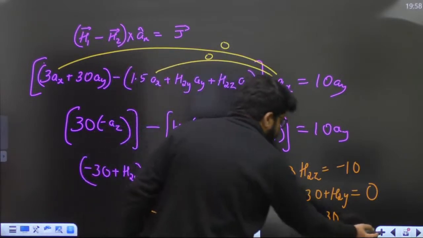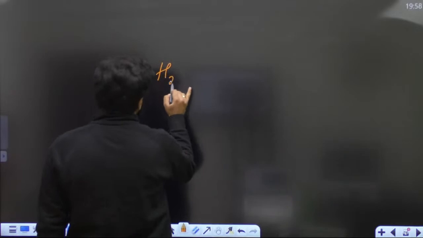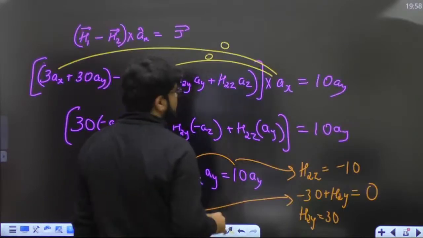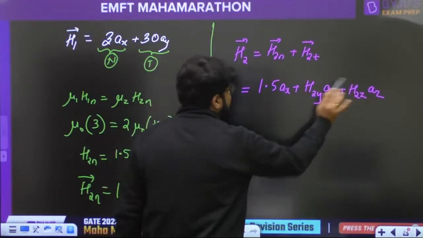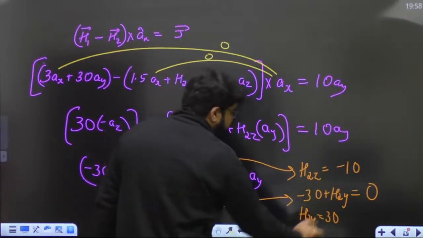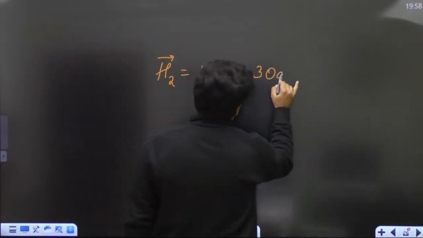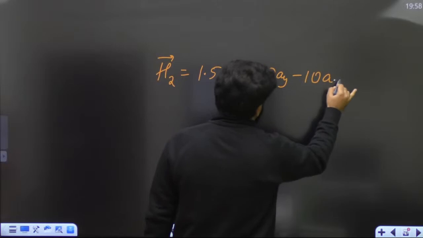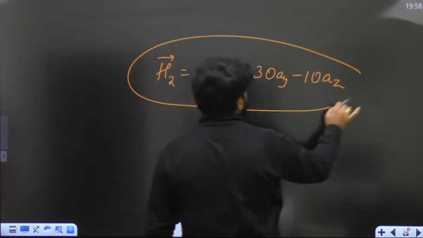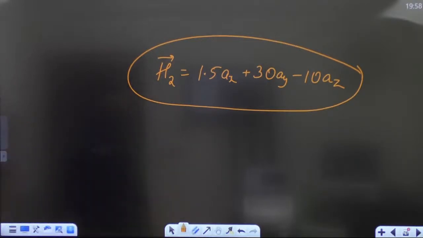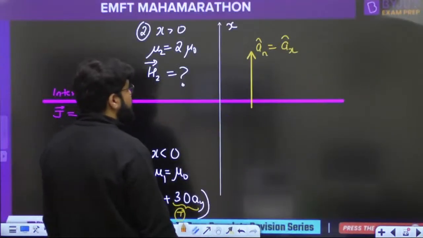So what is the entire magnetic field H2? 1.5 AX, we had derived this much; we need the y and z components. The y component is 30, the z component is minus 10, so the answer is 1.5 AX plus 30 AY minus 10 AZ. This is my complete answer. This is how we apply the boundary condition.